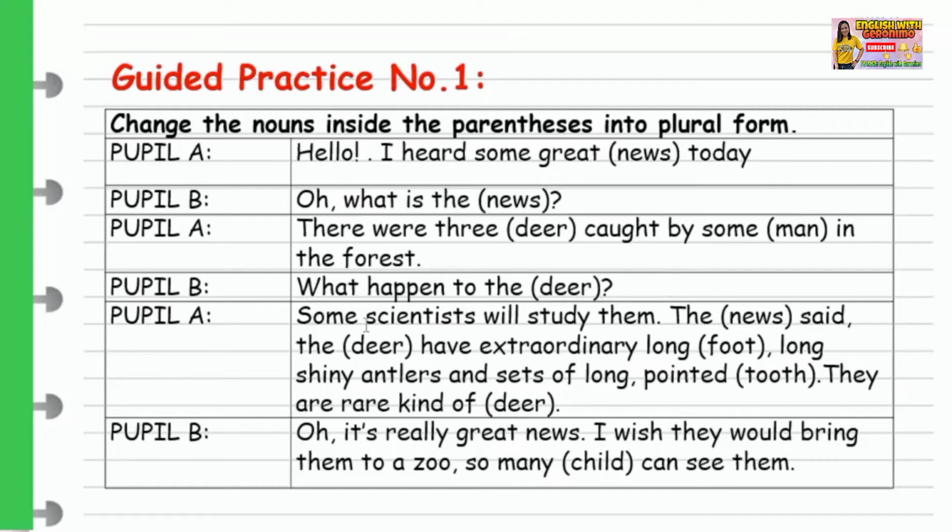Pupil A: Some scientists will study them. The news said the deer have extraordinary lean feet, long shiny antlers, and sets of long pointed teeth. They are a rare kind of deer. What are the words inside the parentheses? News.